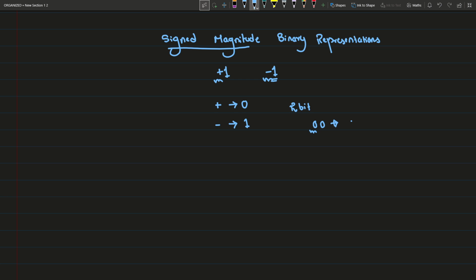Same way, if I take 3 bits, the minimum number I can have is 1, 0, 0, that is -0. Same way, if I have 1, 1, 1, that is -3, because the MSB represents the sign and the last LSB bits represent the magnitude.